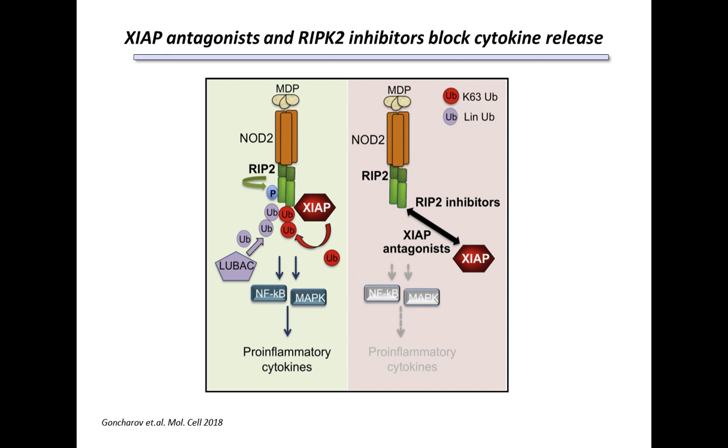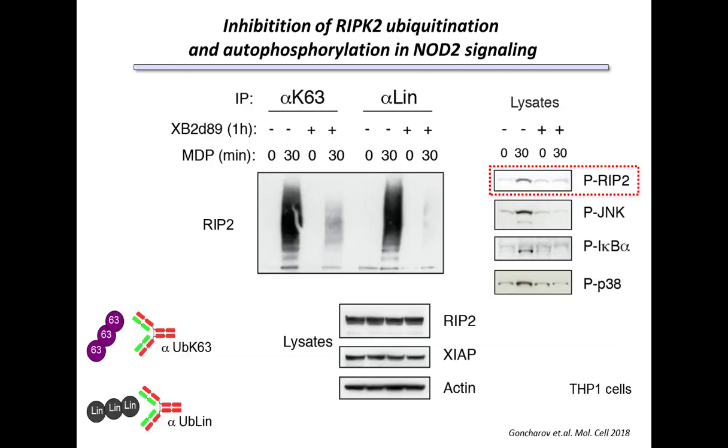Now, the traditional signaling is that NOD2 activation by MDP leads to the generation of pro-inflammatory cytokines. And so we wanted to understand the crosstalk between RIPK2 and XIAP in the context of this signaling pathway.